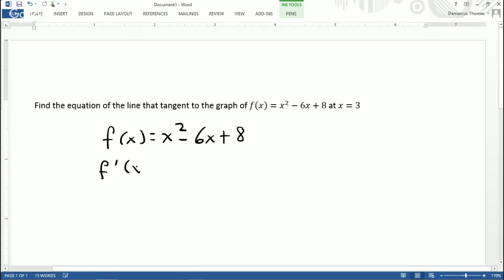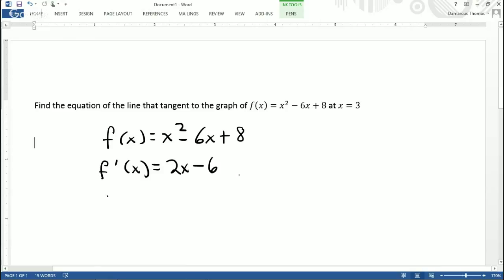It says we can now take the derivative of each term, and that will be the derivative of the function. So the derivative of x squared would just be 2x. The derivative of minus 6x is just minus 6. And then the derivative of 8 is 0. And so therefore we actually have our derivative function, f prime of x is equal to 2x minus 6.